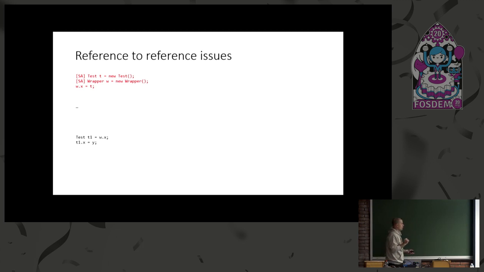Now, the reason why we can't do stack allocation to stack allocation is exactly this case. Let's have this example where we have 2 objects pointing to each other. Now we get to the bottom part, we load the original test object from the wrapper, we do t.x, everything's good, we remove the write barrier. Now what if there was other code in between like this? And this actually gave us a heap object.